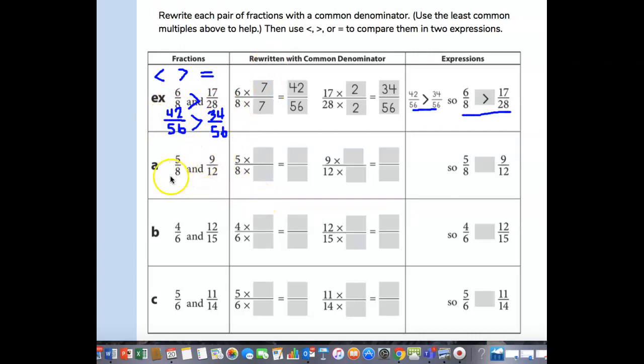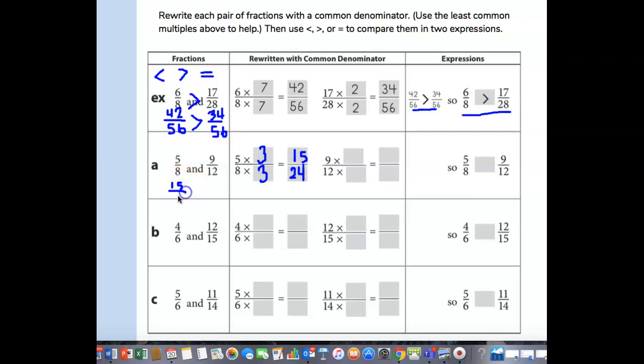So we found up there that 24 was the common denominator, right? Okay, so we said 8 times 3 is 24. Whatever we do to the bottom, we have to do to the top. So 5 times 3 is 15. So 5/8 is the same as 15/24.